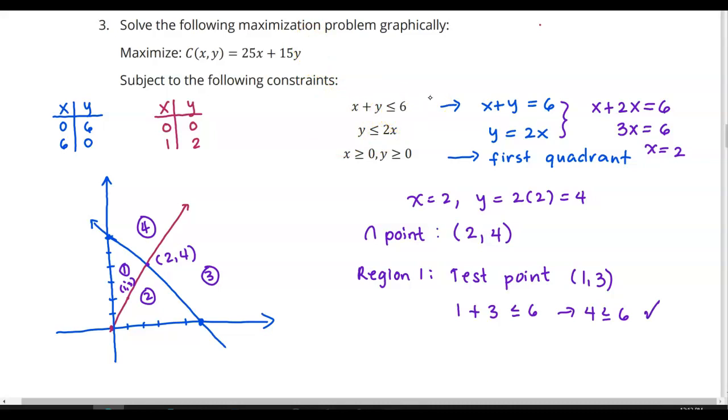What about the second inequality? y is less than or equal to 2x. Our y is 3, so 3 less than or equal to 2 times 1. Is 3 less than or equal to 2? The answer is no. So therefore, 1, 3 does not satisfy the second inequality, and region 1 is not a feasible region.